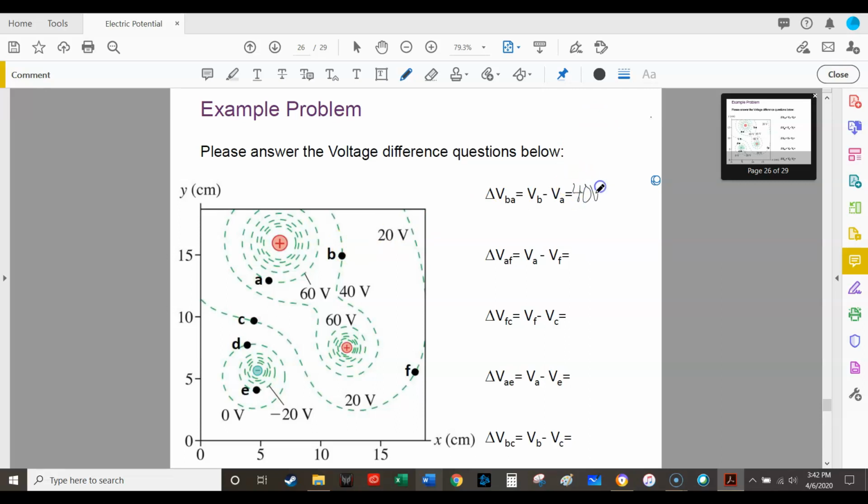Voltage at B is 40 volts. The voltage at A is 60 volts. So 40 volts minus 60 volts is going to be negative 20 volts. All right. So I want you to do that for every one of these tasks. So please pause the video and try this out yourself.